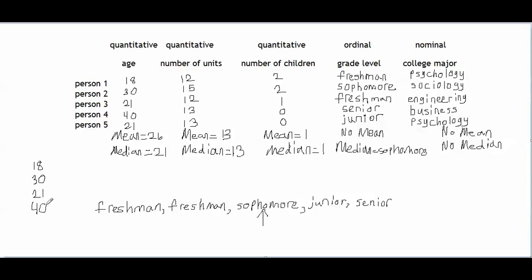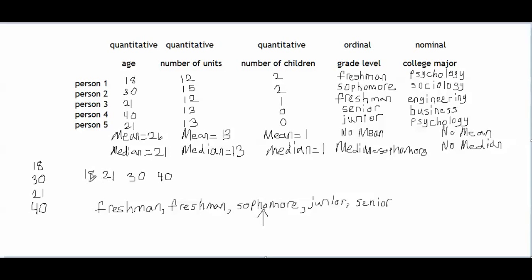We would still put the values in order from lowest to highest. Notice that when we have 4 values, we have 2 middle numbers.